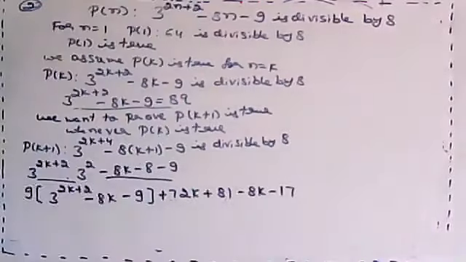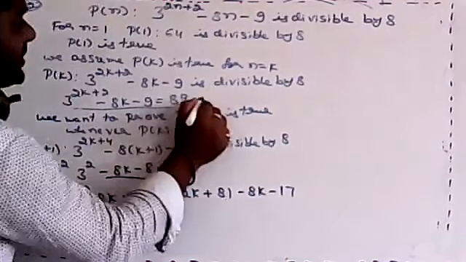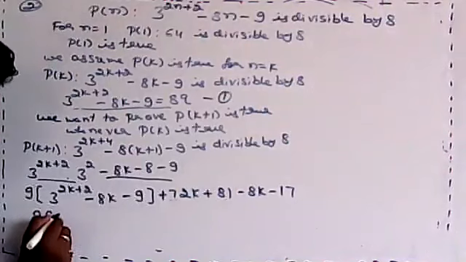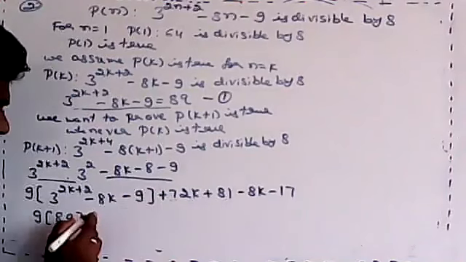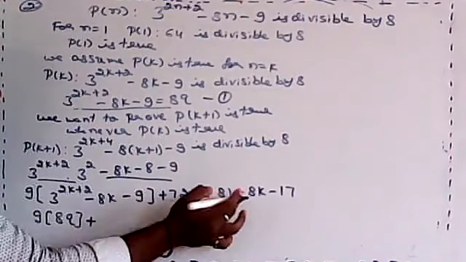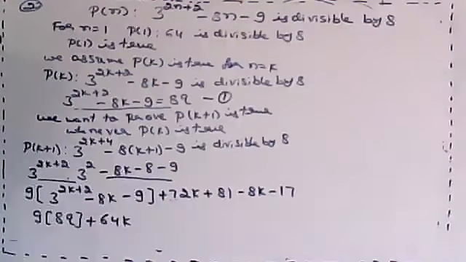Now you can check this one. We can write 9 into, from equation 1, 8q, correct? Then next, plus 72k minus 8k is 64k, and 81 minus 17 is also 64.